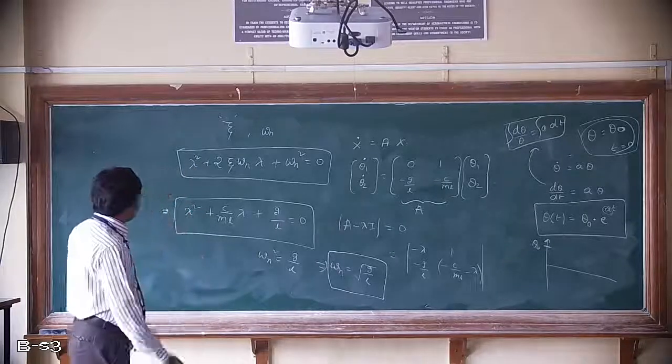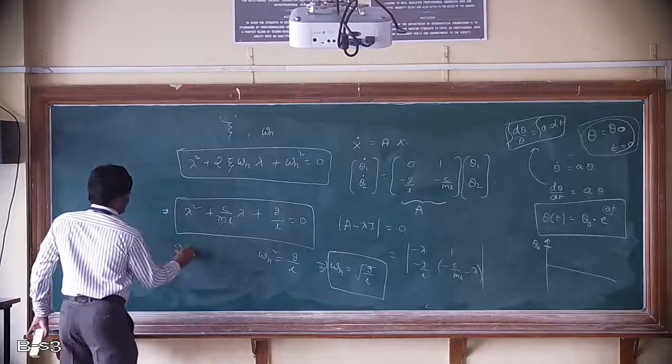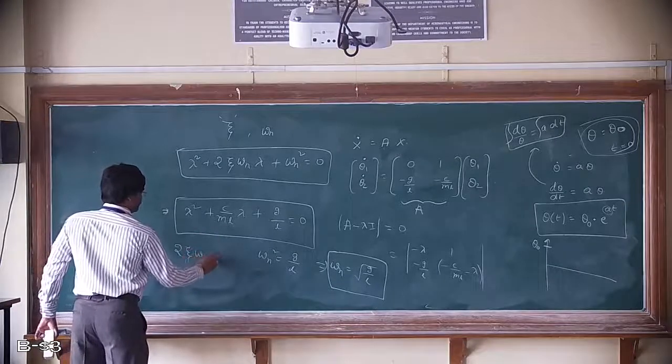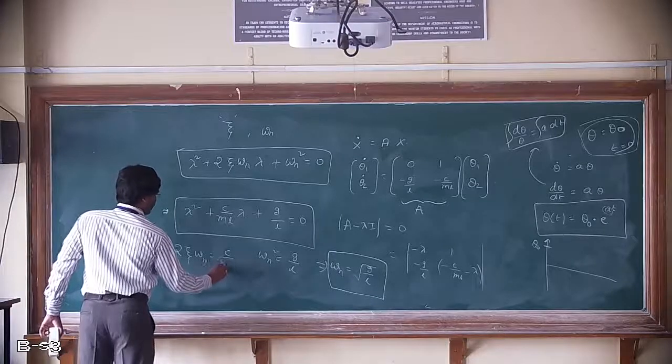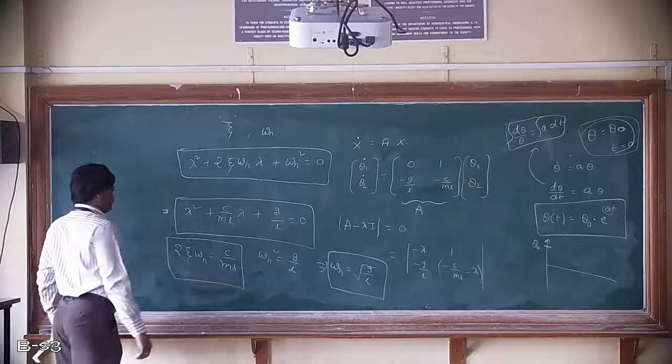Yes, everyone. So this thing you can write, 2 zeta omega n is c by mL. Are you getting? You can compare like this.